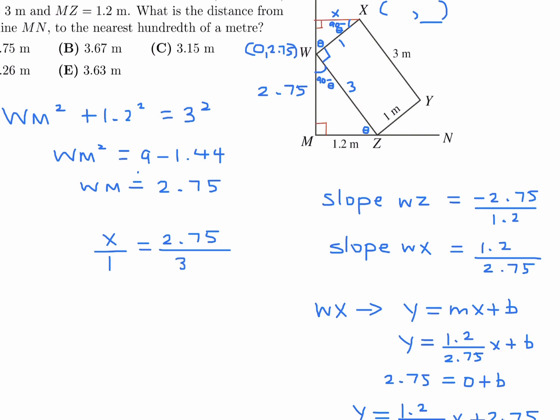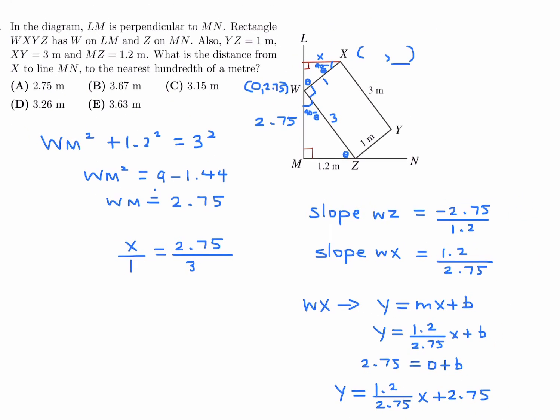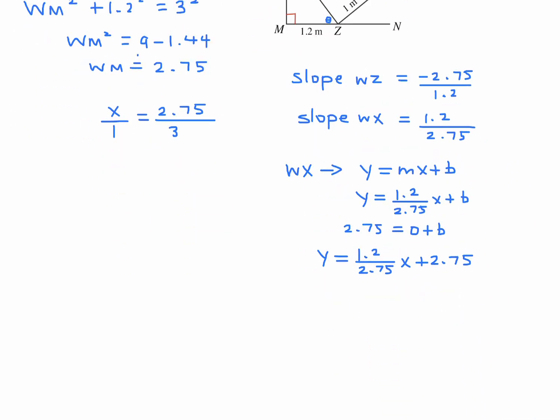So there we go. Therefore, x is 2.75 over 3. Okay, I got it. So that's what we have to plug here. And if we do, we get the y-coordinate. So here we go. We got 1.2 times 2.75 over 3 plus 2.75.